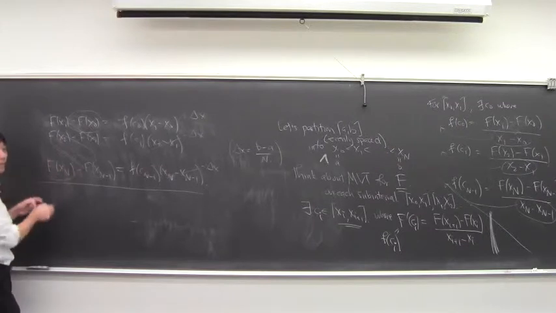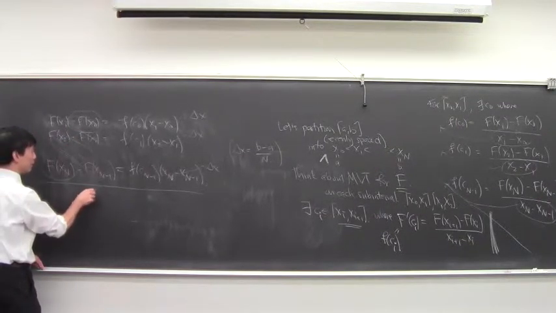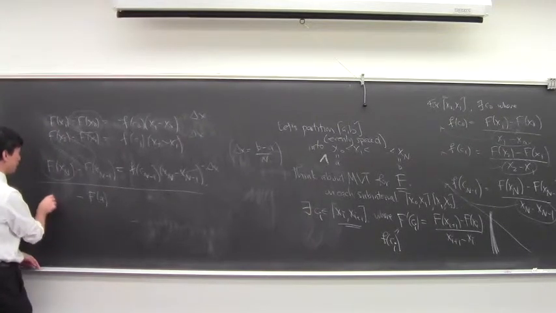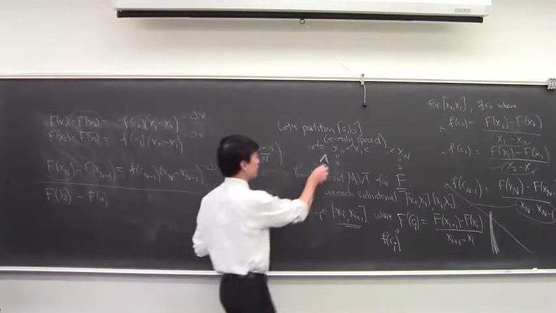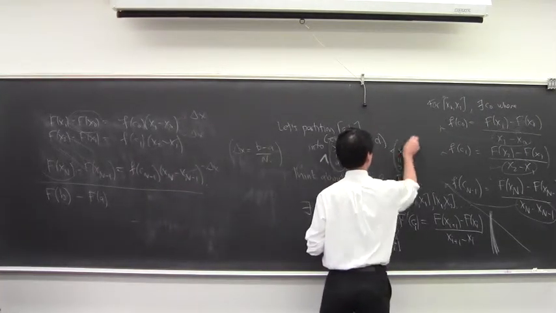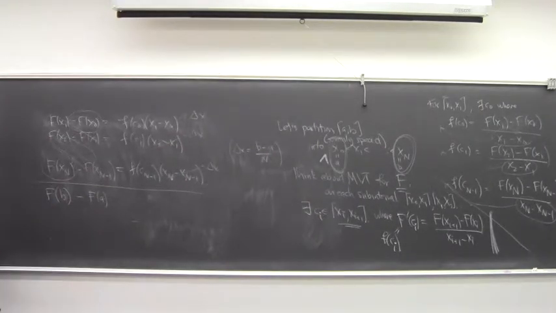Those two: you get f(x_n) minus f(x_0), remember x_0 is a and x_n is b. None of those guys in the middle mattered, they all vanished.